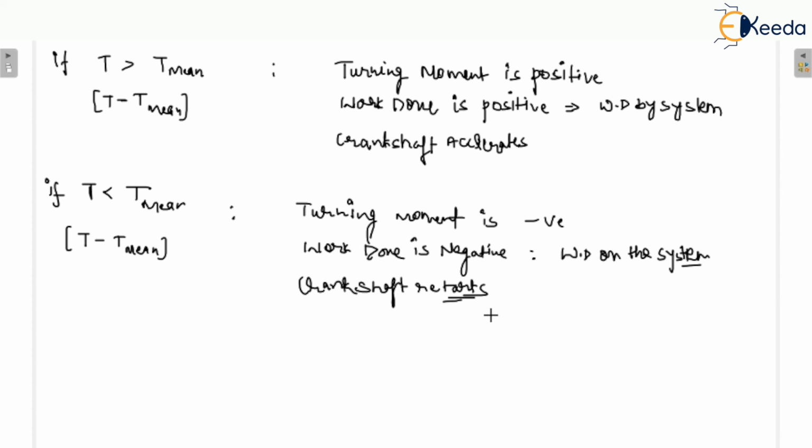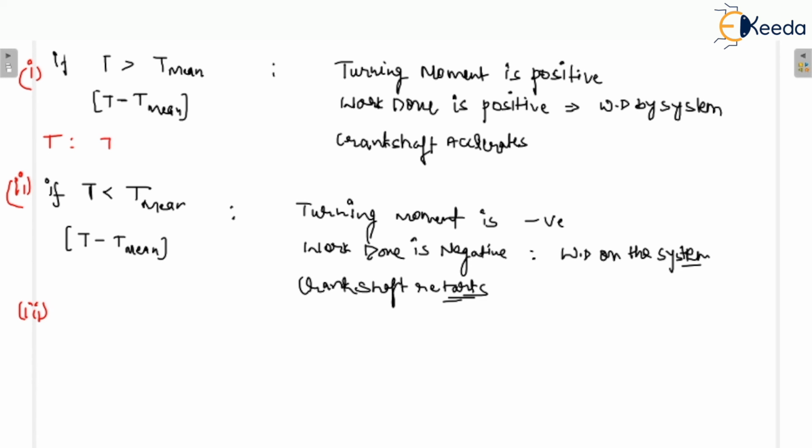Okay. So now the third case. This is the first case, and this is the second case. And in the third case, which is also important, both are equal to each other. This is the T, the torque. Here I'm writing torque.